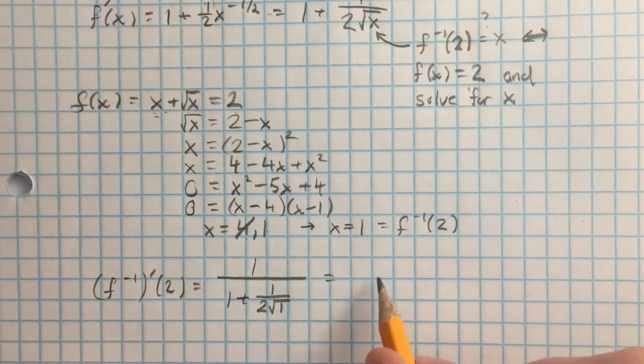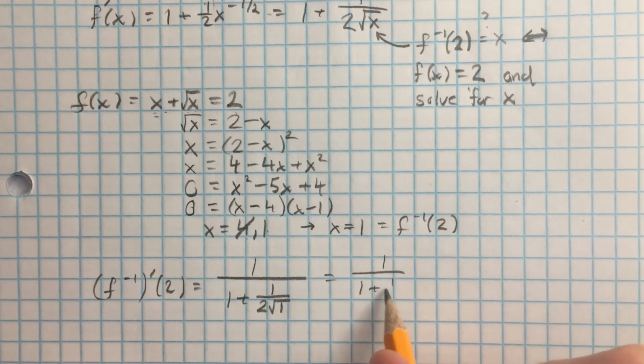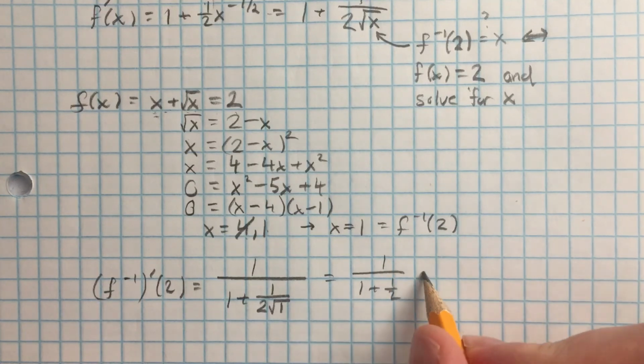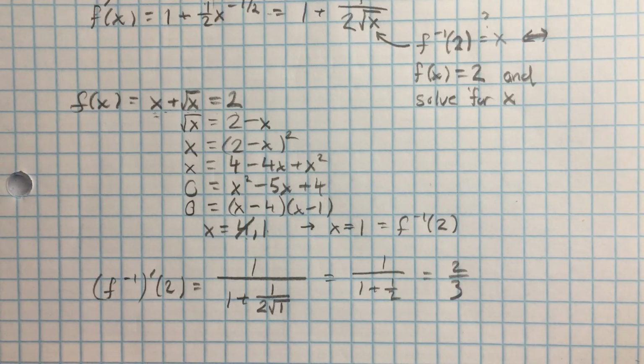Now it's just a matter of cleanup. So this says 1 over 1 plus a half. 1 plus a half is 3 halves, and the reciprocal of 3 halves is 2/3. So there's our derivative.